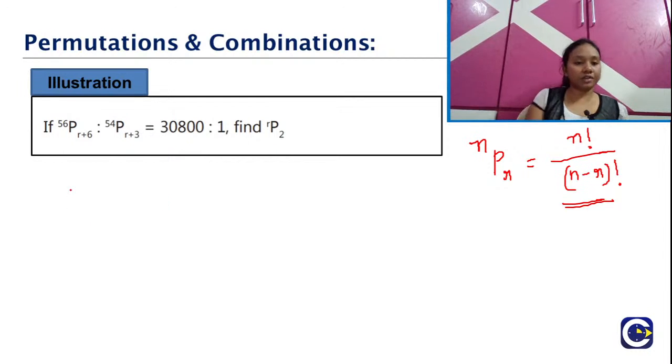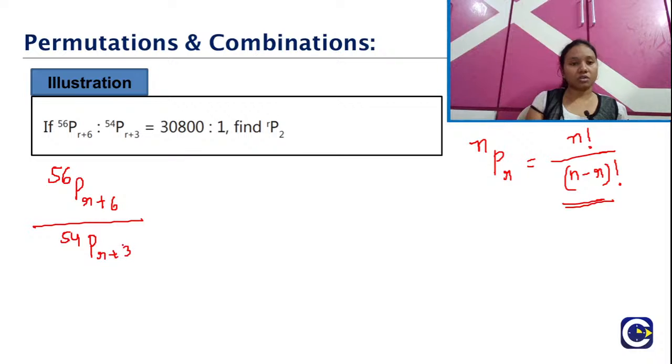Here it is given 56. So let's write this: 56P(r+6) divided by 54P(r+3), which is equal to 30,800 divided by 1. That is the exact question they have given. Let's simplify this.